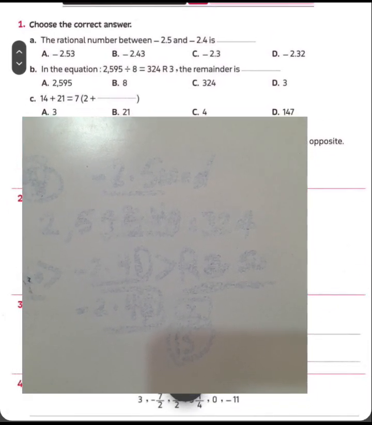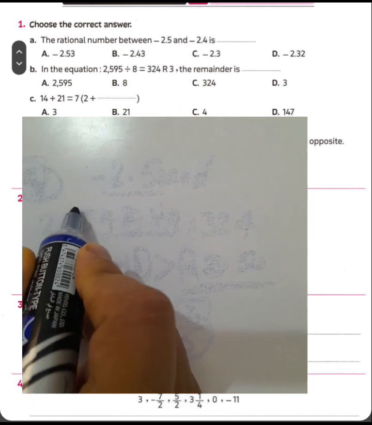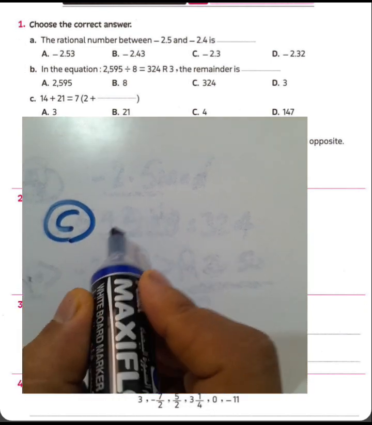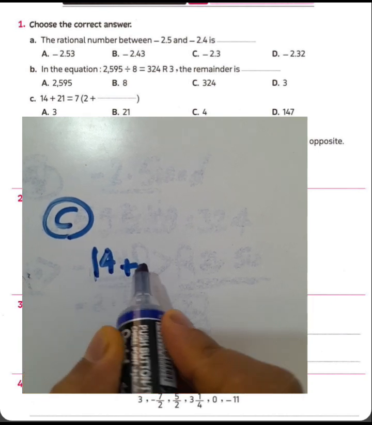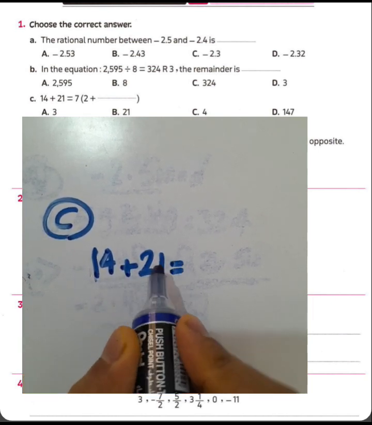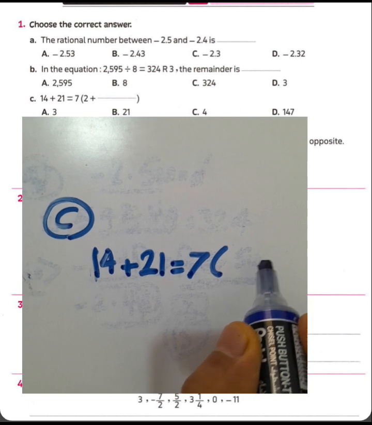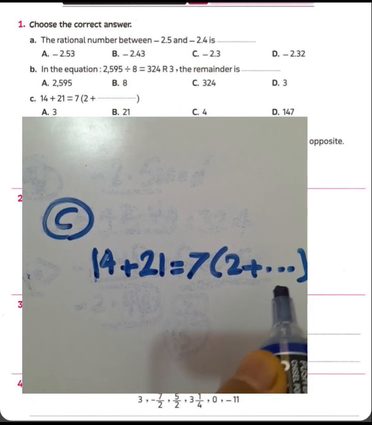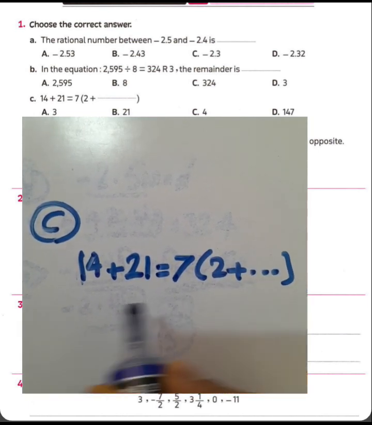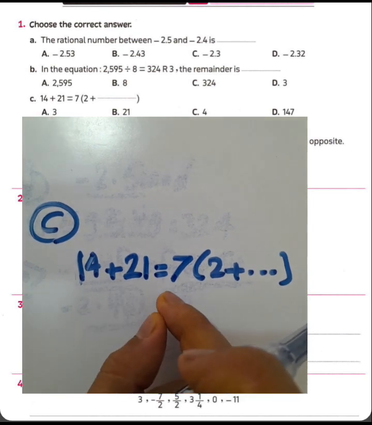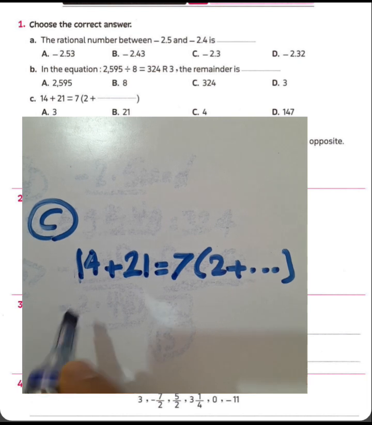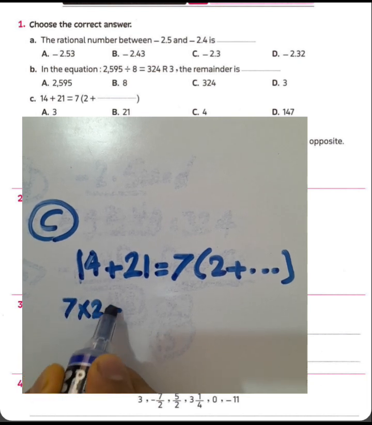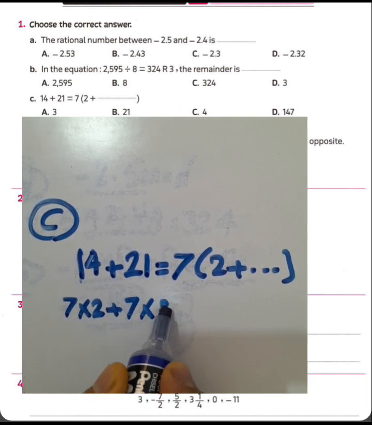Question letter C. 14 plus 21 equals 7 multiplied by 2 plus a space in parentheses. We know the greatest common factor between 14 and 21 is 7. And we know 14 equals 7 times 2 and 21 equals 7 times 3.